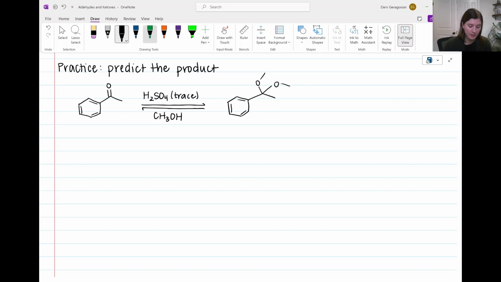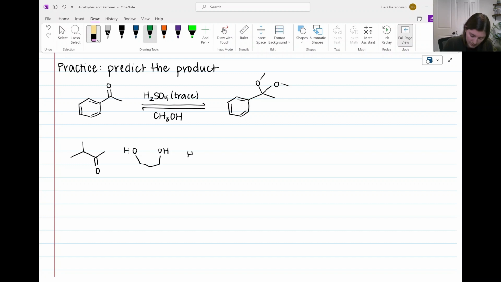Let's do another practice question. We'll have another ketone. You could make these aldehydes, they would follow the same process. And let's say we have this diol. We'll have a 3-carbon chain in between the alcohol groups.